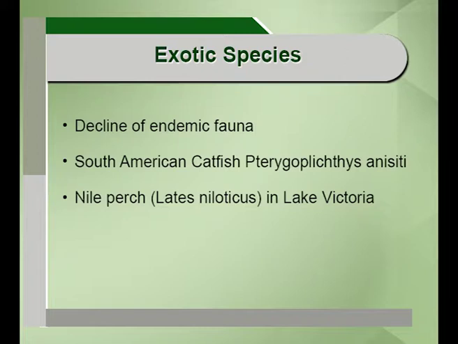Basically it is for food and agriculture purposes, and at times these exotic species cause a lot of harm to the fish biodiversity, and a lot of harm in terms of declining endemic fauna. And a very important thing, recently species have been introduced, that is, the South American catfish has been found in the river Ganges in the Patna region. And another important example as far as exotic species is concerned, I would like to stress, a very important and fascinating example, that is the Nile perch.